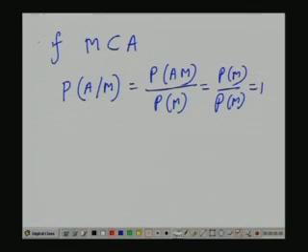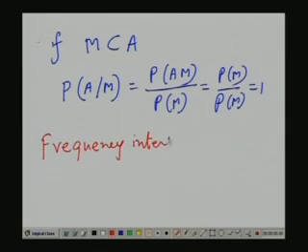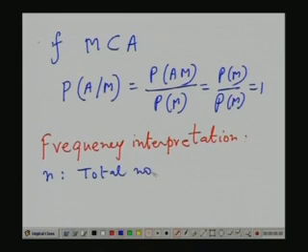First let me write down: n is the total number of trials, that is, you are conducting an experiment, total number of times you conducted is small n.